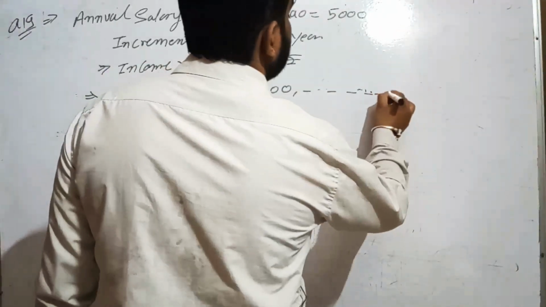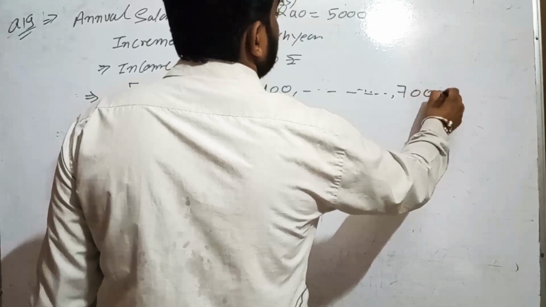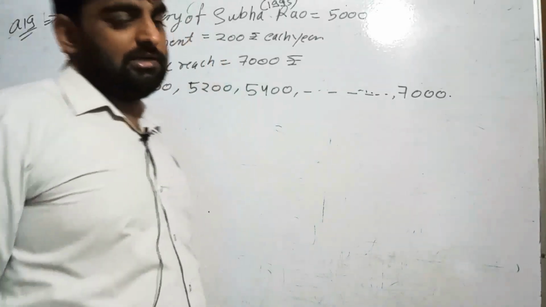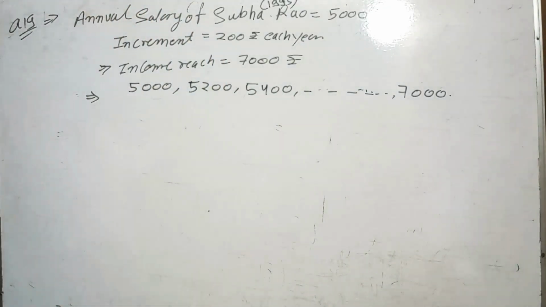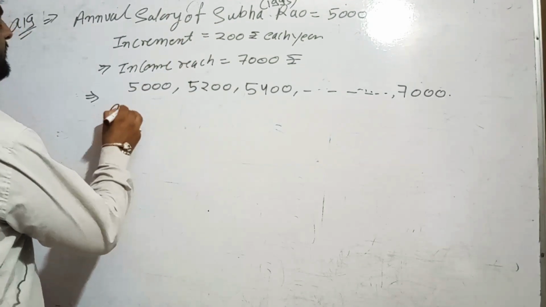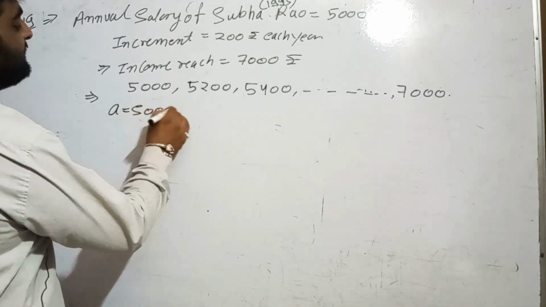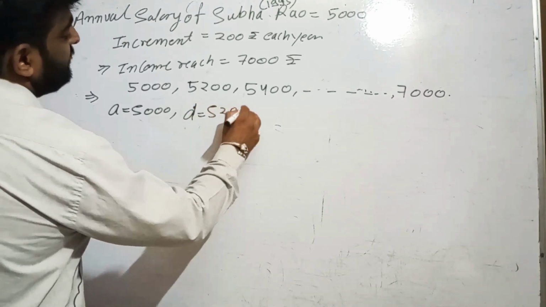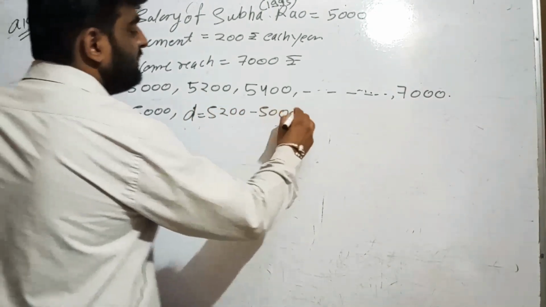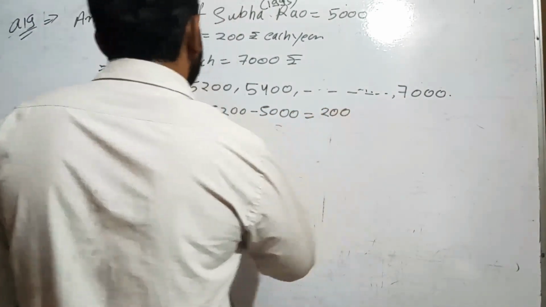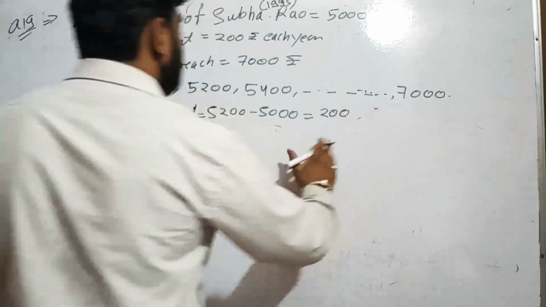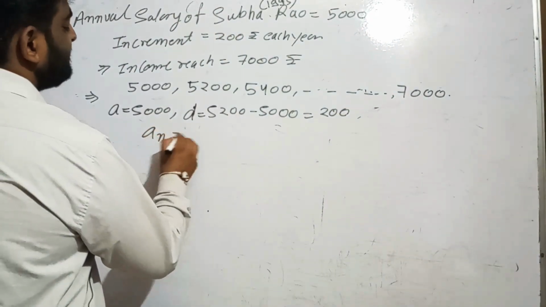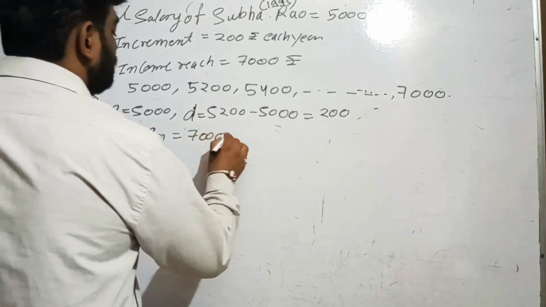We don't know in which year the salary reached 7,000 rupees. So a is 5,000 rupees, d is 5,200 minus 5,000, that is 200 rupees, and we let an equal 7,000 rupees.